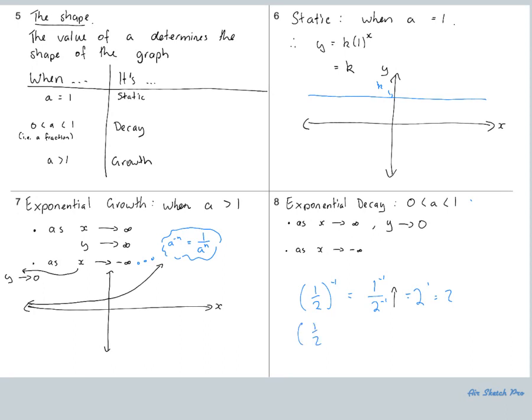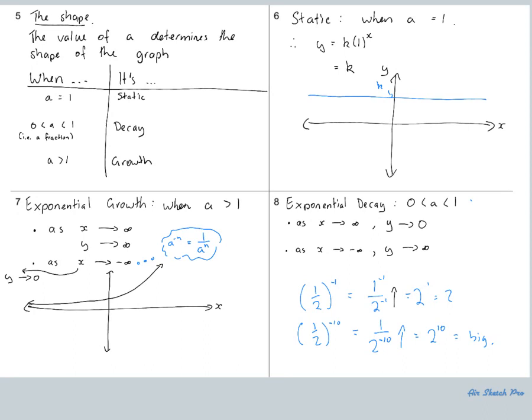And again, I'll take it a fair bit further down the track now. Say a half to the power of -10 is 1 on 2 to the power of -10. The negative index floats up, and so we're left with 2 to the power of 10, which is equal to some number. So if it's a fraction to start with, raising a fraction to a negative power effectively flips the fraction and makes it bigger than 1, which therefore causes it to grow when x is negative. So the net result of all that is that as x approaches negative infinity, y approaches infinity.